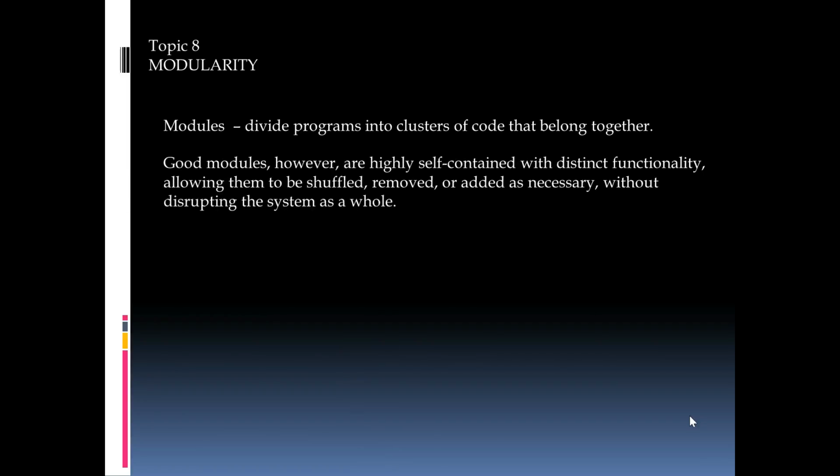Good modules are highly self-contained with distinct functionality, allowing them to be shuffled, removed or added as necessary without disrupting the system as a whole. So if we want to change something in functional programming, even if you add or remove some stuff inside there, it will not disrupt the other topics or chapters.